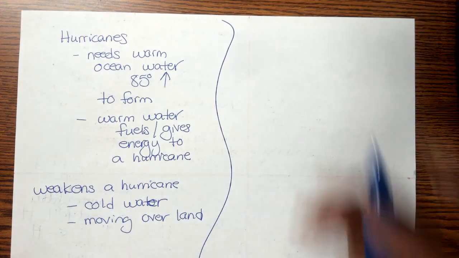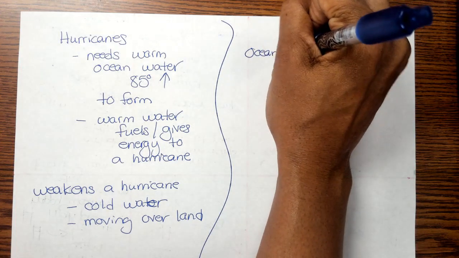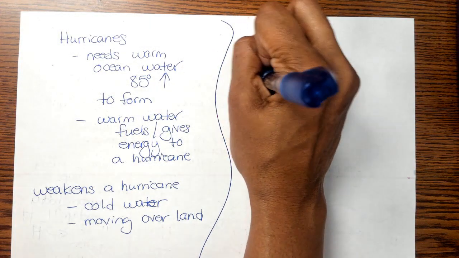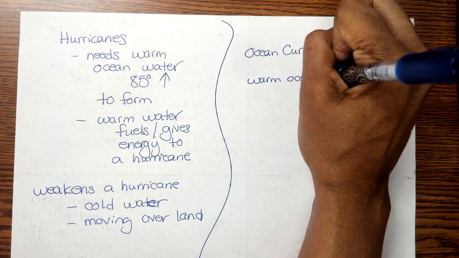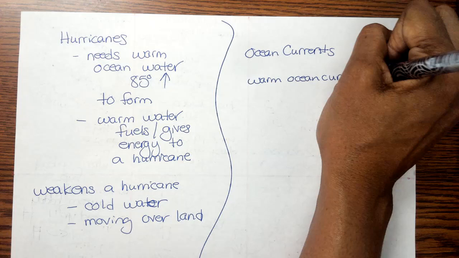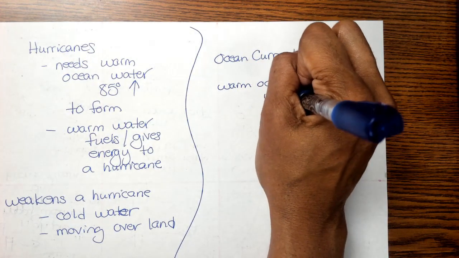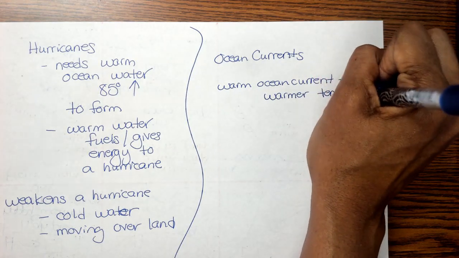Okay. Last thing I'm going to go over is ocean currents. Okay. If you live near a warm ocean current, you're going to have warmer temperatures. So for example, we live near the Gulf of Mexico.